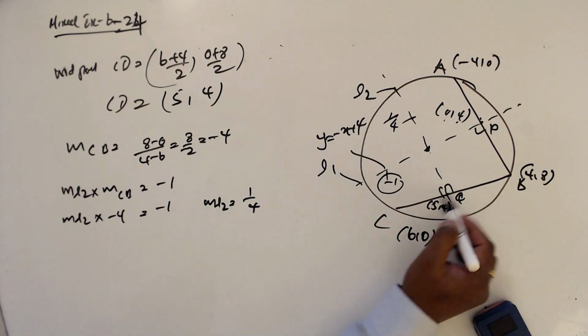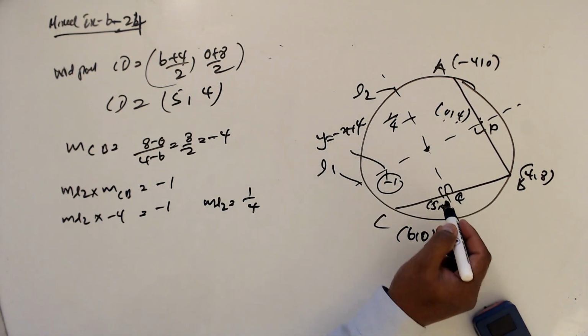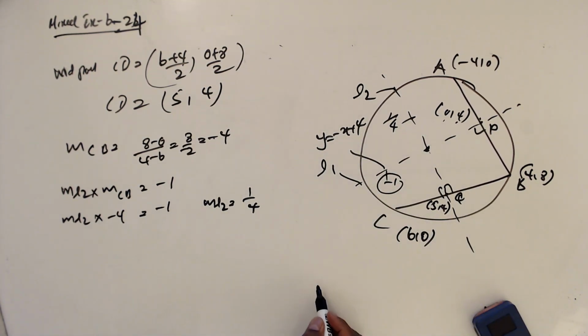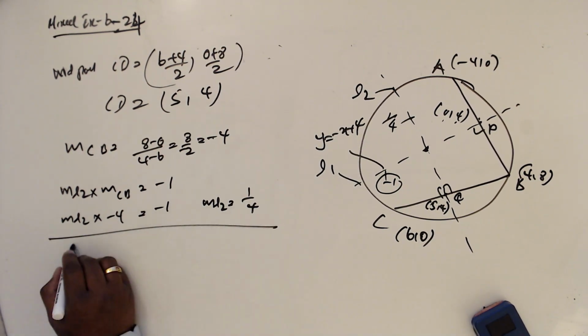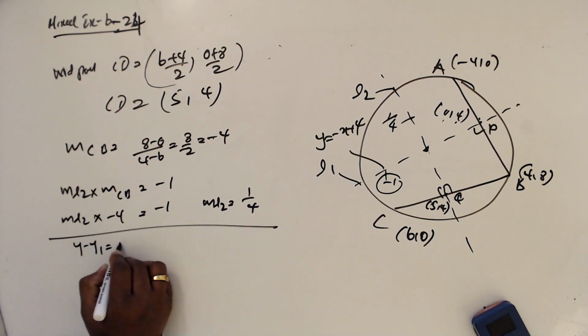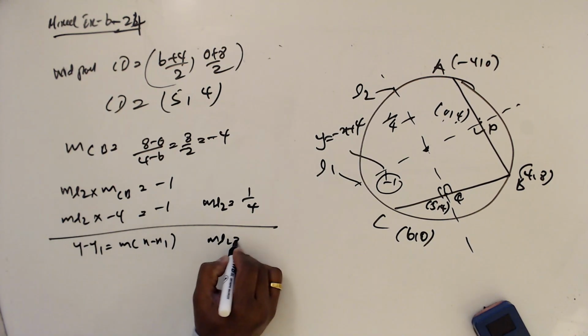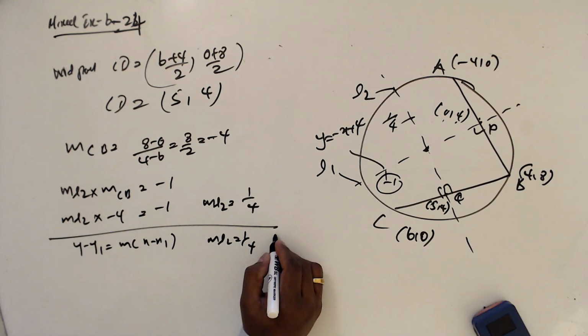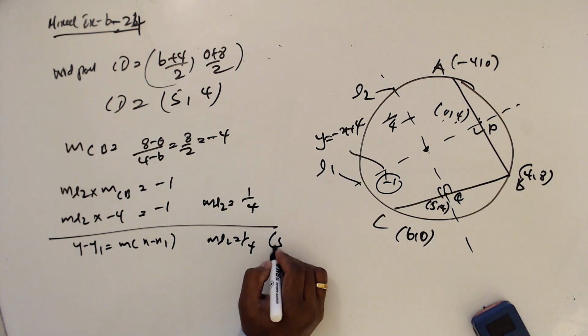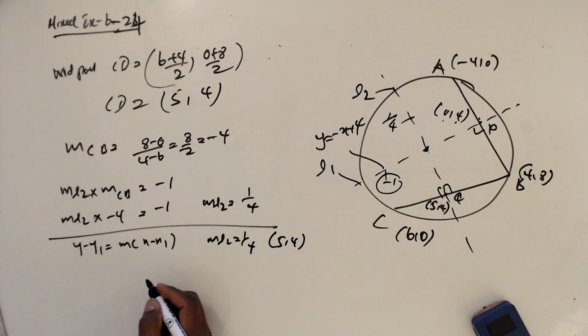This is minus 4, this is 1 over 4. Now we have a point, 5, 4. So we'll write the equation y minus y1 equals m times x minus x1. M L2 equals 1 over 4. The point is 5, 4.